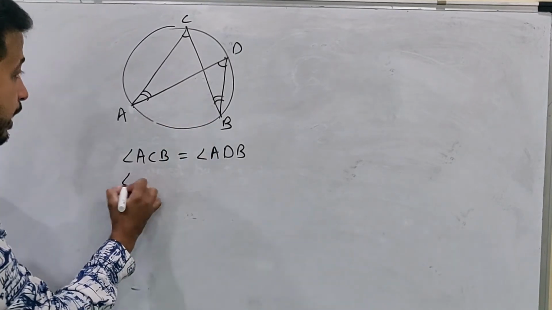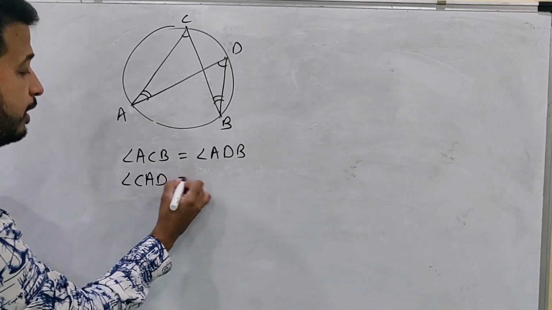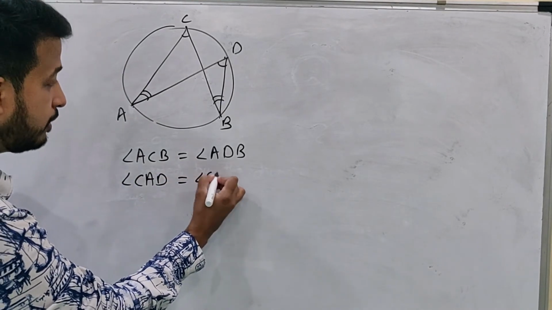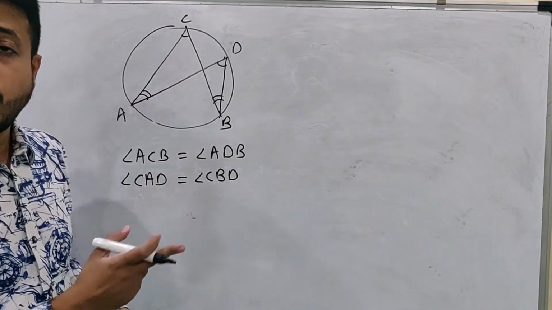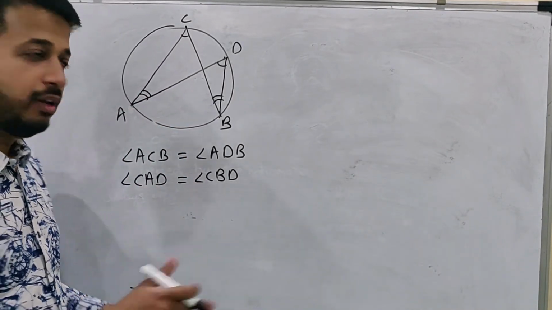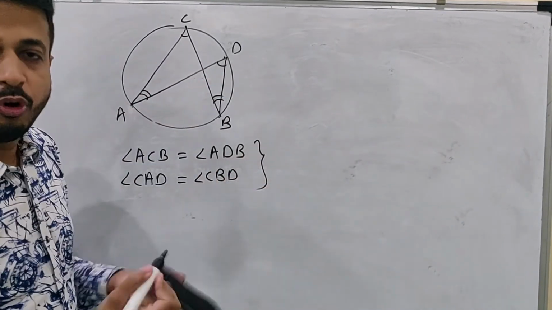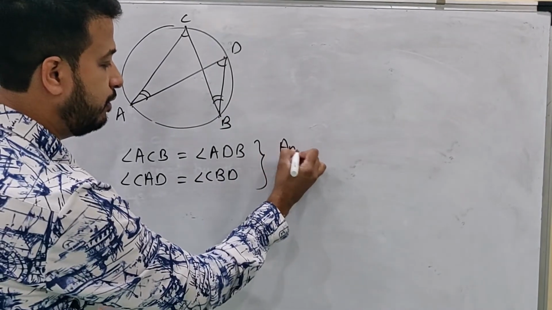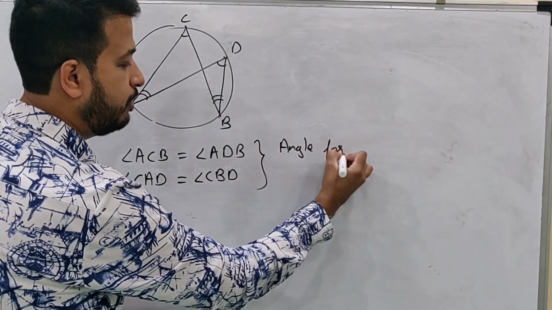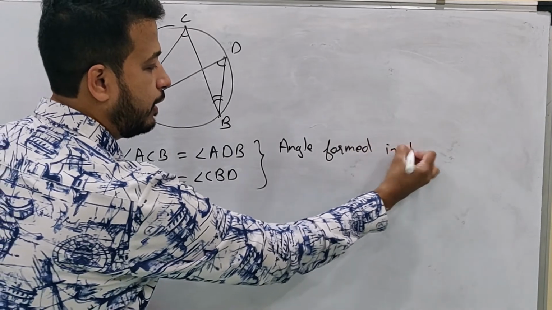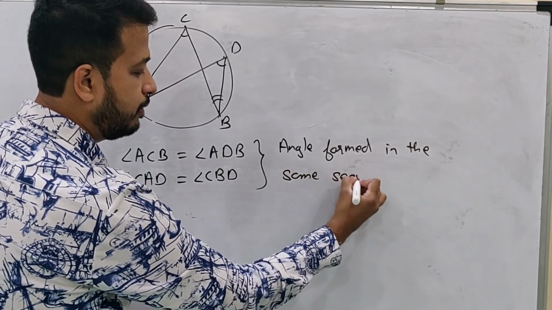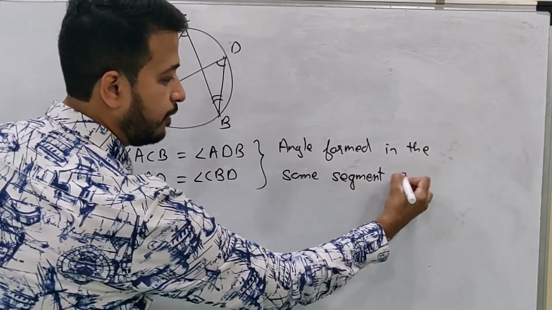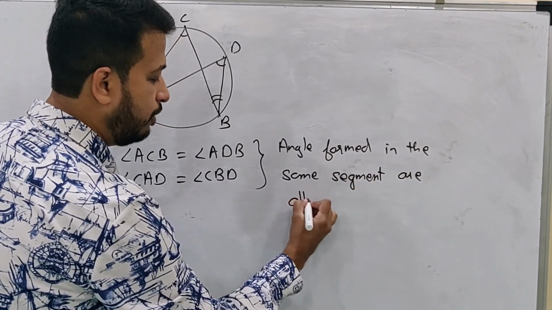Angle CAD is equal to angle CBD. So even these two angles are also equal. Now why are these two angles equal? What property do we have to use? Angles formed in the same segment are always equal.